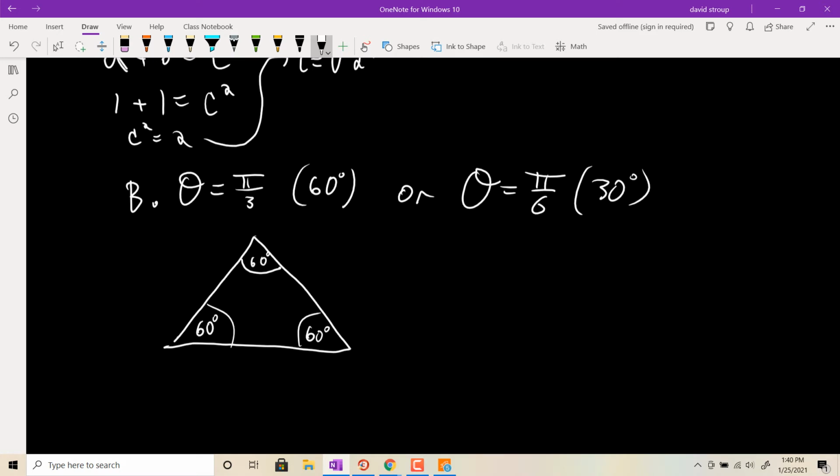And then we could drop a perpendicular line from the top of the triangle to the base and cut it into two right triangles. Okay? And we're going to have the sides all equal 2 in this case. So all the angles are the same, the sides are all going to be the same. Okay, so let's split this into two triangles.